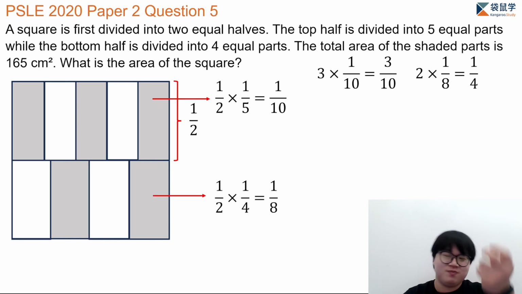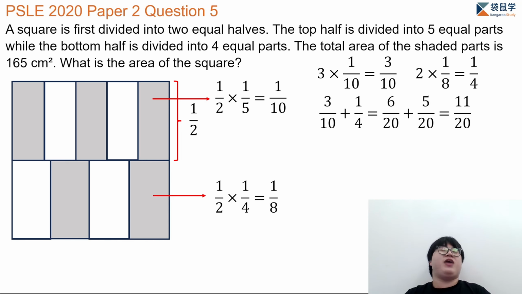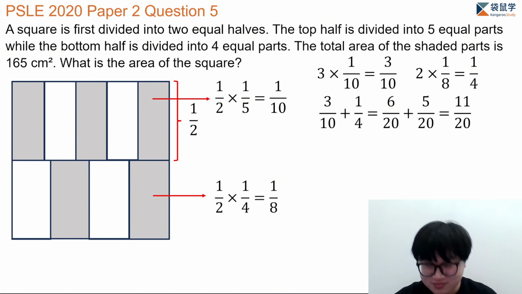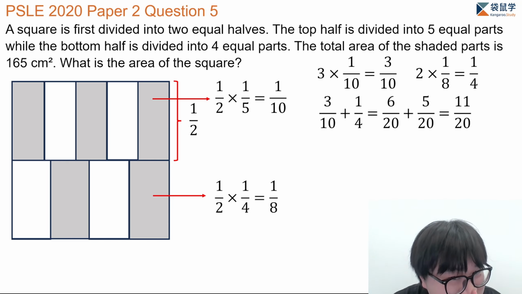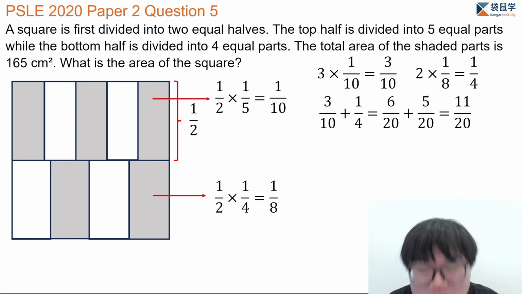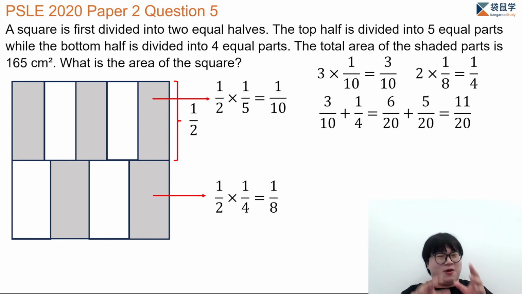We just need to add them together. And remember, if we add two fractions together, we should make the denominators the same. And when we make them the same, we can make them which kind of number? The LCM of them. Excellent. So finally, we find that the fraction of the shaded parts will be 11/20. Because we know the shaded region area is 165, in this fraction, 165 represents which part?